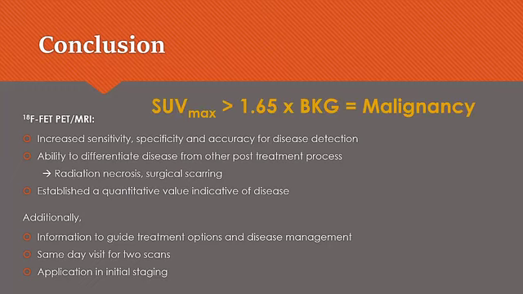Based on the results of this trial, we were able to establish a threshold where a lesion with an SUV max of 1.65 times that of background tissue is indicative of disease, and anything less is considered typical post-treatment changes. Furthermore, 18F FET PET-MR imaging provides additional valuable information to assist with disease management and treatment planning, and allows for same-day imaging, saving both patient and staffing resources.